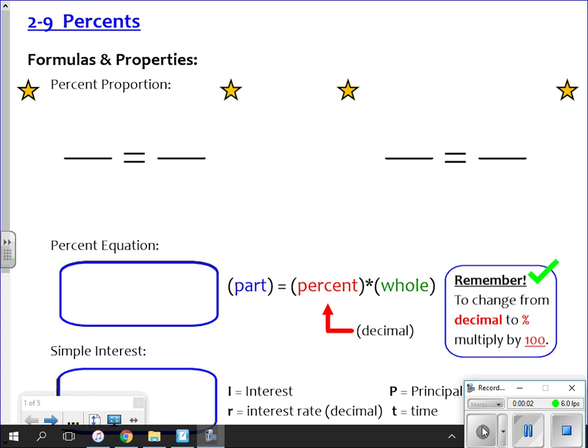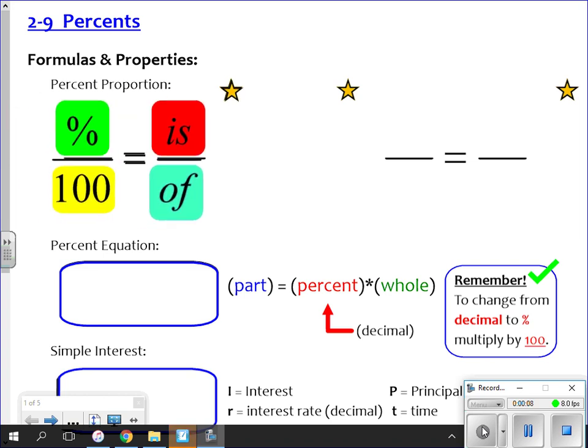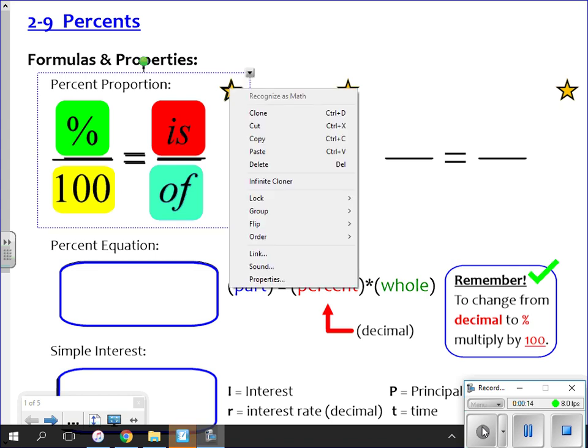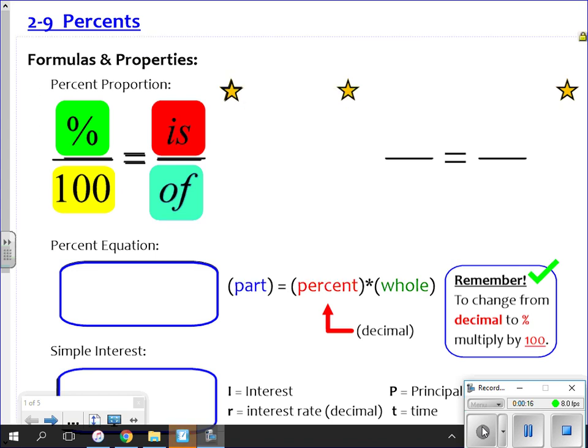Formulas and properties. So when we are solving our percents, we're going to set it up using the percent proportion.